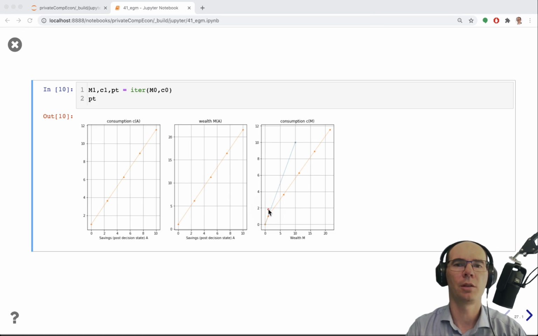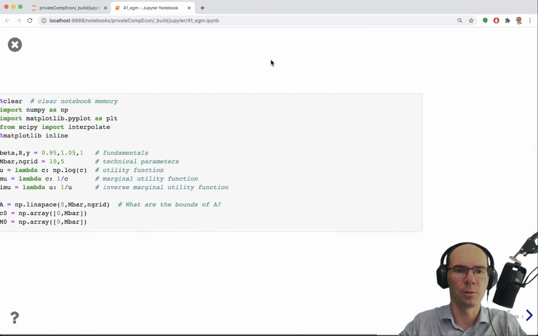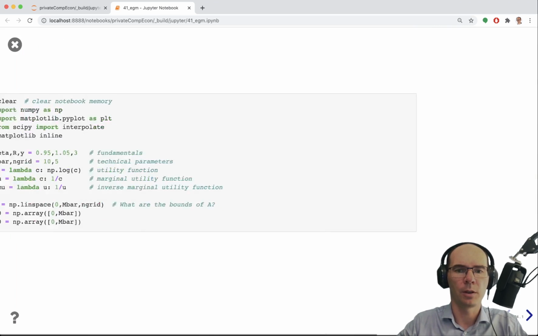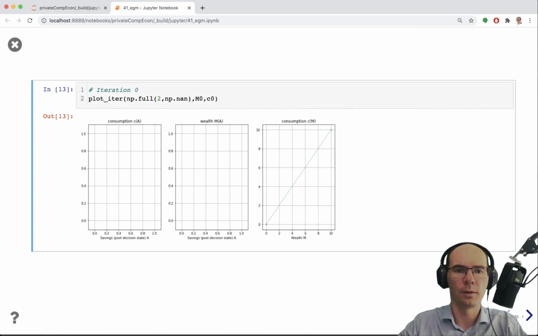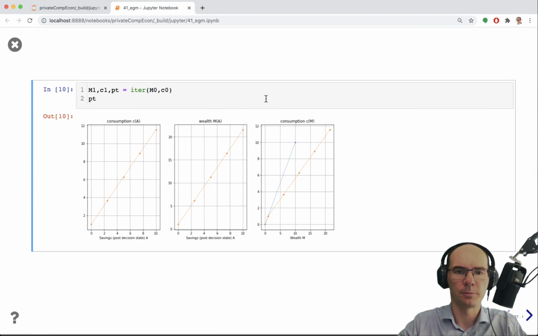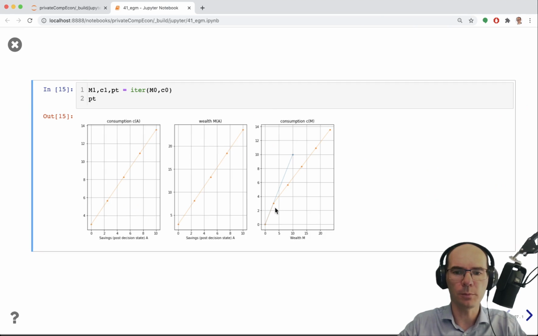If you think about the economic interpretation of this, this is very natural, right? If you have very little wealth, and you know that tomorrow you're going to get an income of 1, and as a matter of fact, let's make it more visible, and let's say that income is going to be 3, and rerun all of this code. Look, now this point is all the way up here.